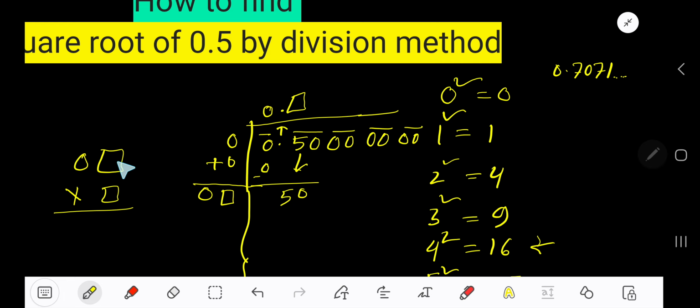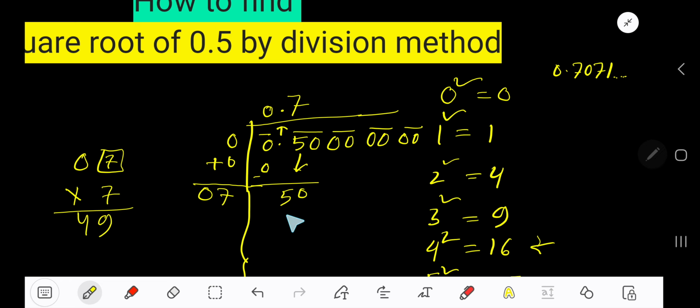So if you take 7 here, then what will happen? 7 times 7, 49, which is close to this 50. So of course you have to take 7 here.